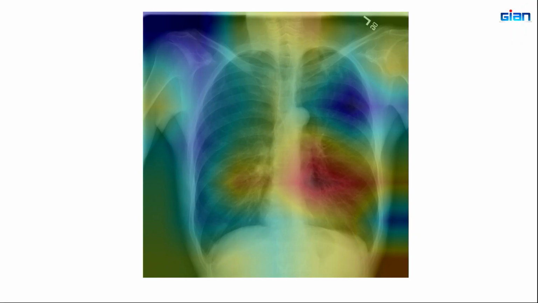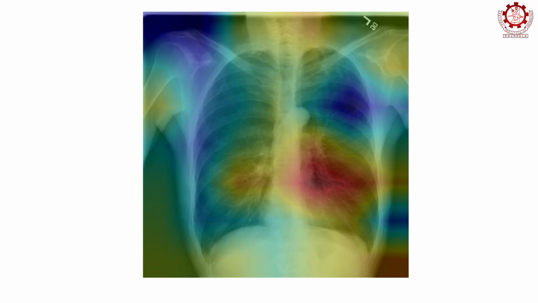What this tells you is you have the X-ray image, but on top of that you see this heat map. It's a color map where you have red regions, blue regions, yellow regions. Red regions are the regions of high attention, the ones where the model is learning most of its information from to decide whether this patient maybe has COVID or not, right?